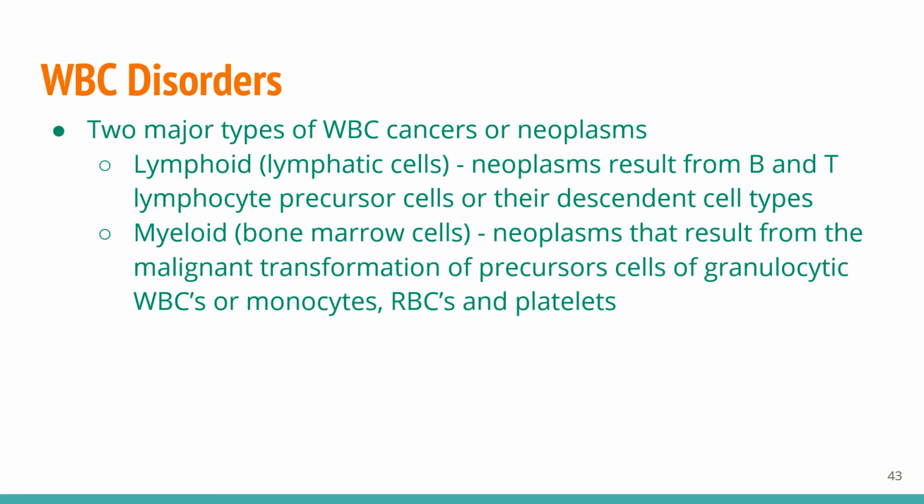So we're looking at either if it's in the white blood cells, the disorders are either cancers or they're neoplasms. So just know the neoplasms for the lymphoids are the lymphatic cells from the B and T cells, and then the myeloids are from your bone marrow cells.